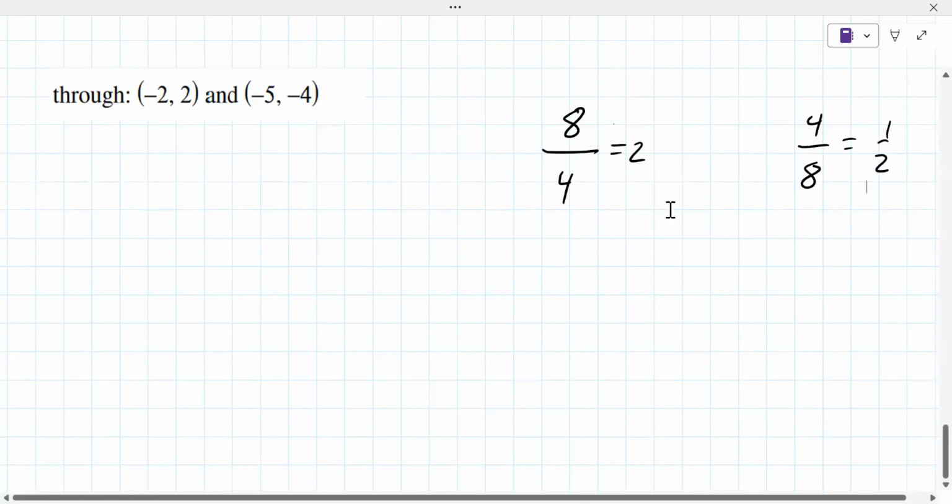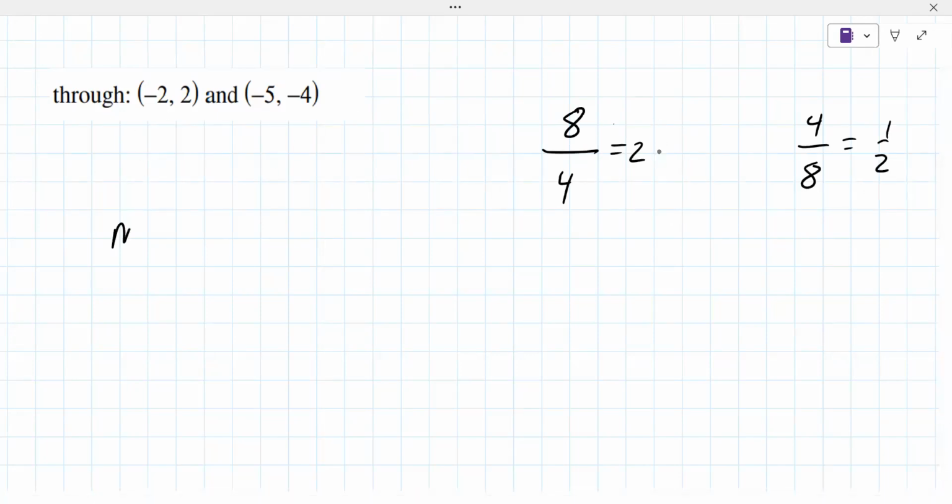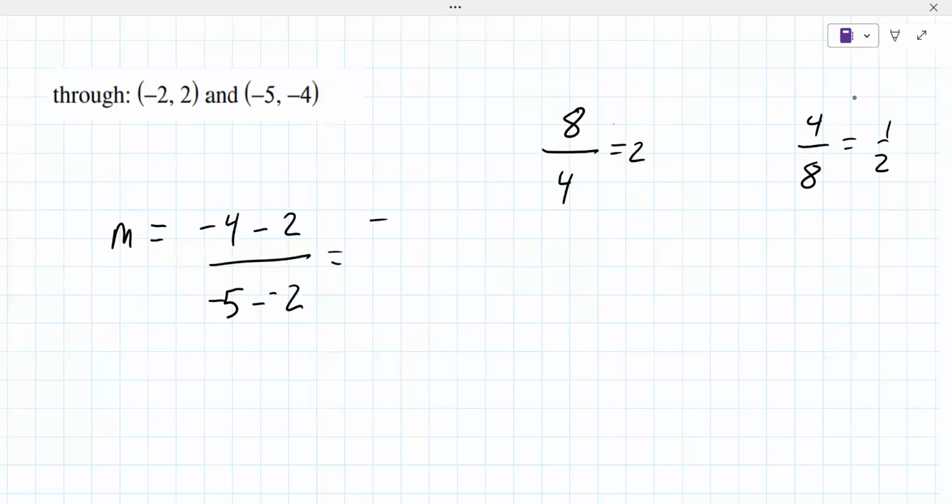Okay, did you come up with something? Kind of. Okay, so you have to look at which number's bigger. If the bigger number is on top, it's a whole number. If the bigger number's on bottom, it's typically a fraction. Because you said the right things, you gave me the right everything. You said this is -6 over -3, which is completely correct.